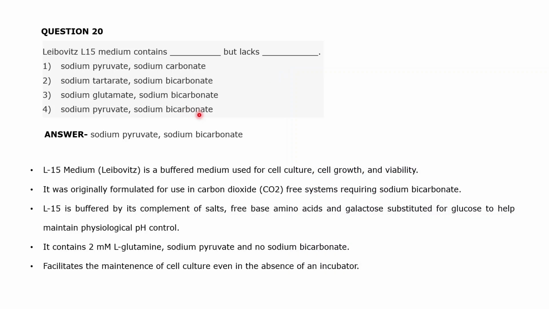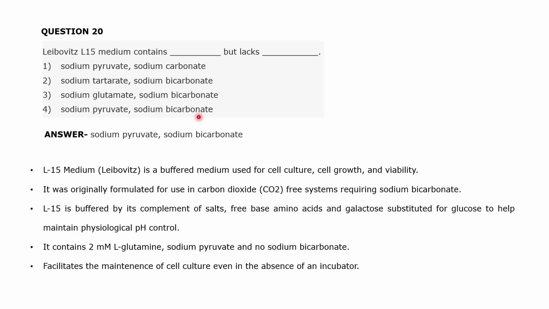If sodium bicarbonate is absent, and you are growing in an incubator that lacks externally provided carbon dioxide, that is, a normal incubator other than a CO2 incubator, a CO2 incubator is needed if you are using sodium bicarbonate in the media in order to regulate the level of pH.